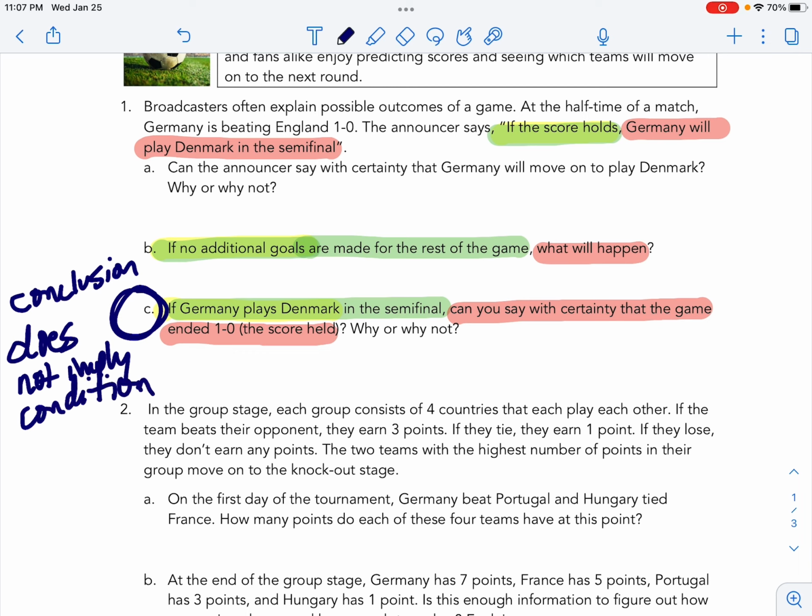So it is most certainly a situation where it is not always true when we flip that and get that converse. Sometimes it is, though.